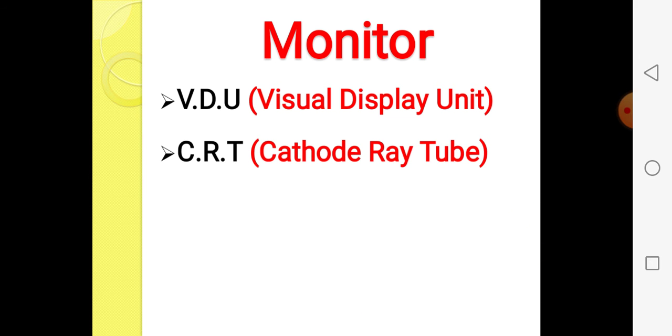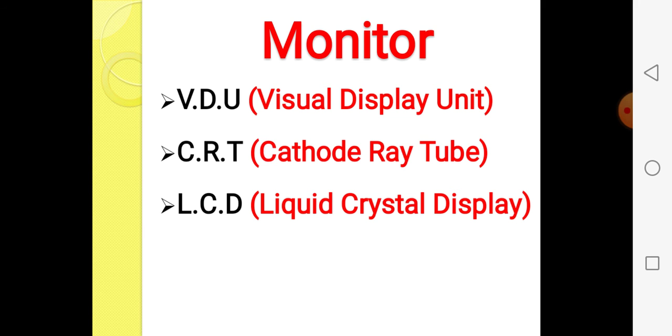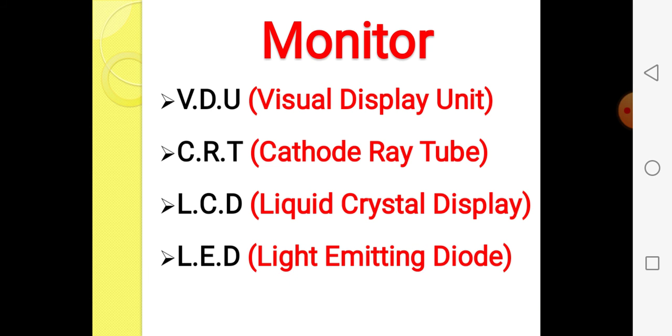Second is CRT, cathode ray tube. Then LCD, liquid crystal display. And LED, light emitting diode. So here are four types of monitor, and see the pictures of them.